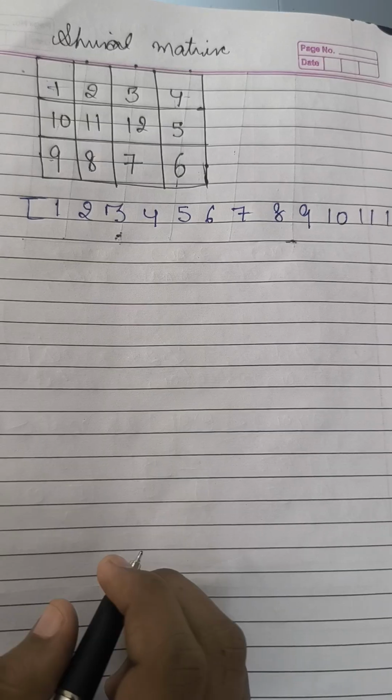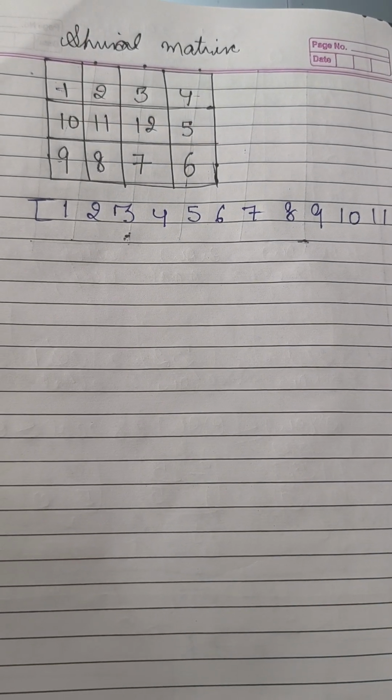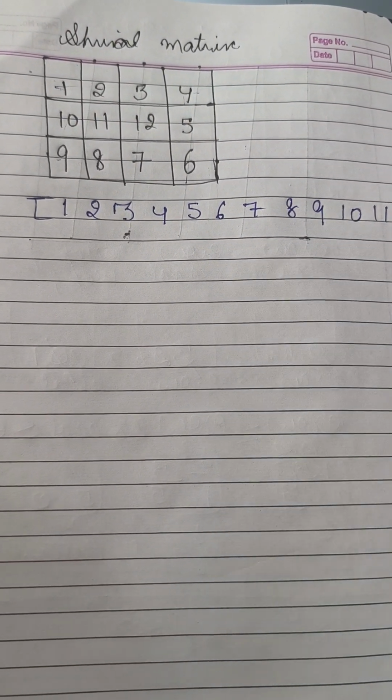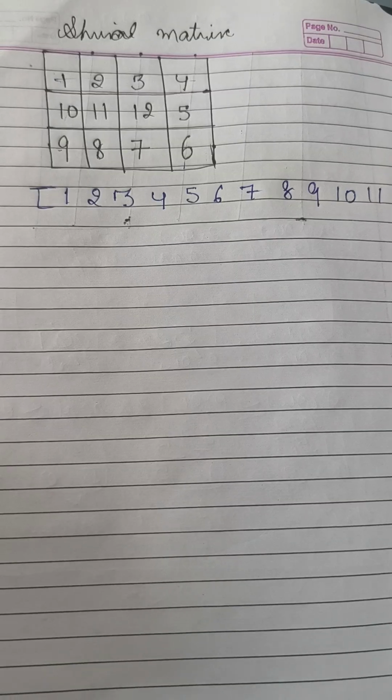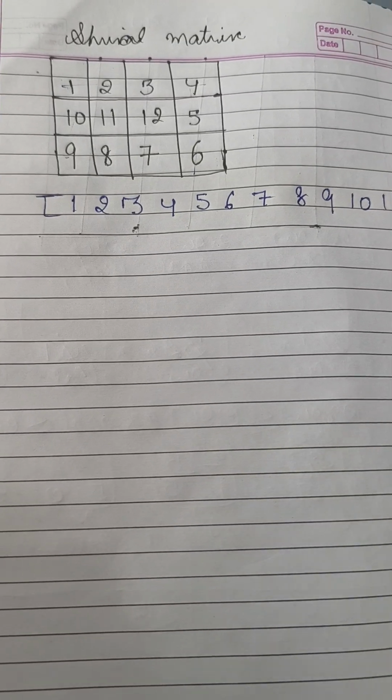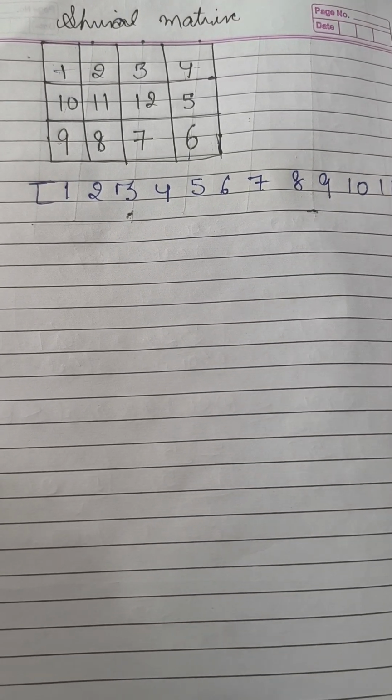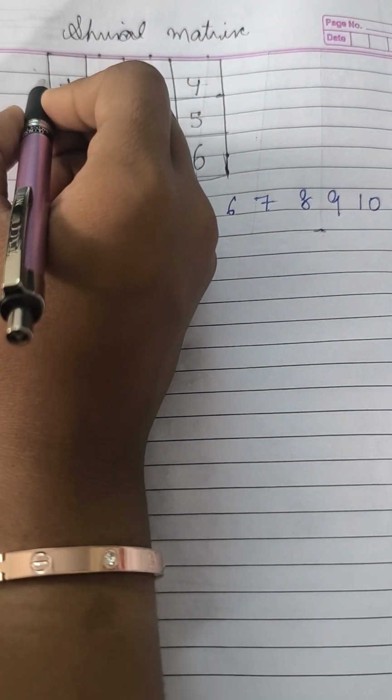So moving ahead, now think about the situation, like how to think about the spiral matrix, how to print it. You have to think it by yourself, then take the approach over here. This is the starting row, right?